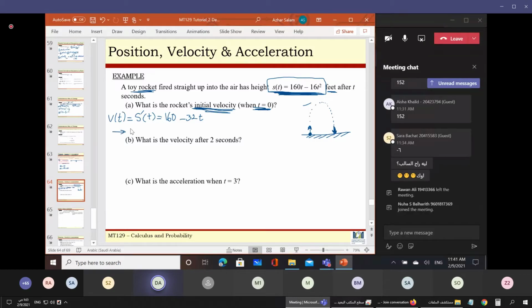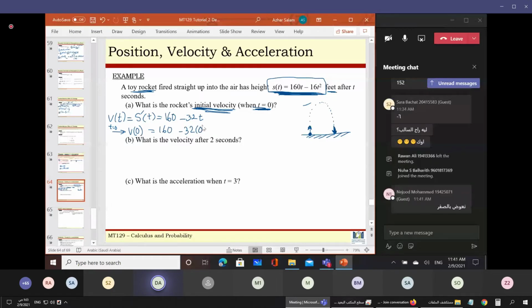Now, the initial velocity means at t equals 0. v of 0 equals 160 minus 32 multiplied by 0. We substitute by 0, which is 160 minus 0.